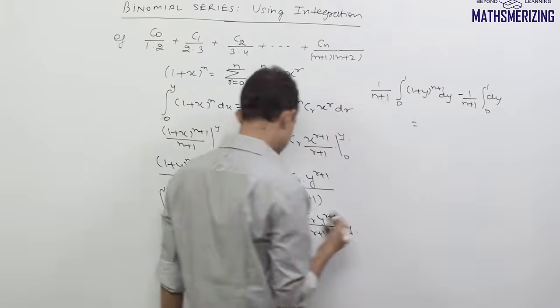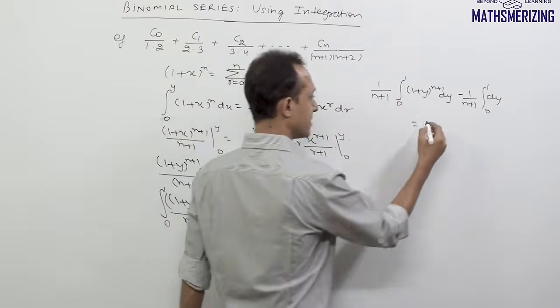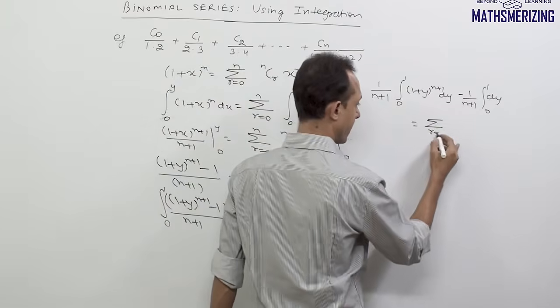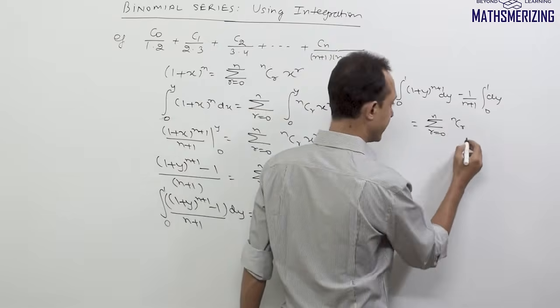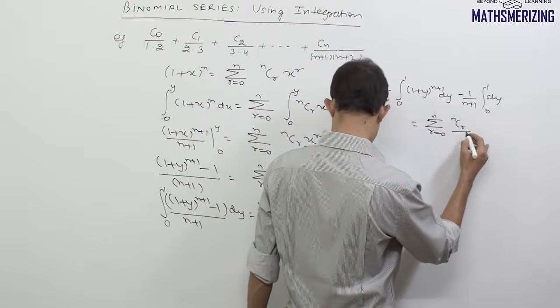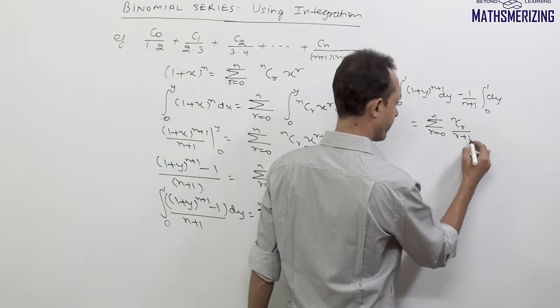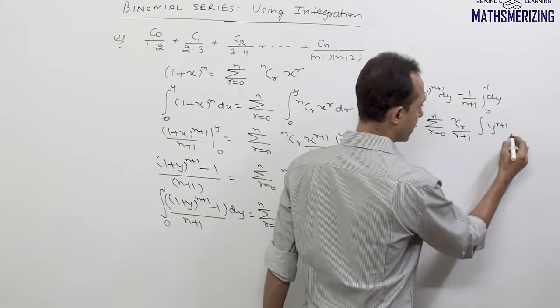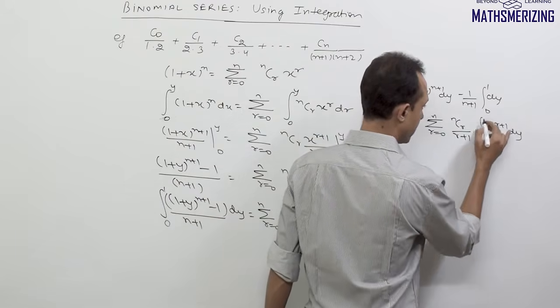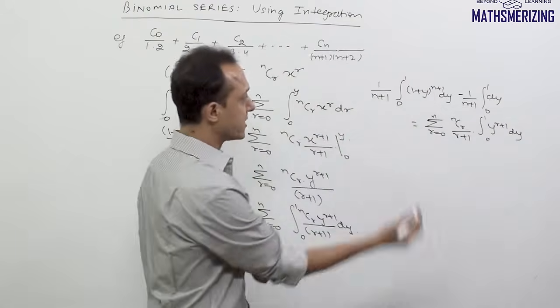On the right hand side, I'll write summation r varies from 0 to n, and here will be nCr upon r plus 1, and then the integral of y to the power r plus 1 into dy from 0 to 1. So now I'll start integrating.